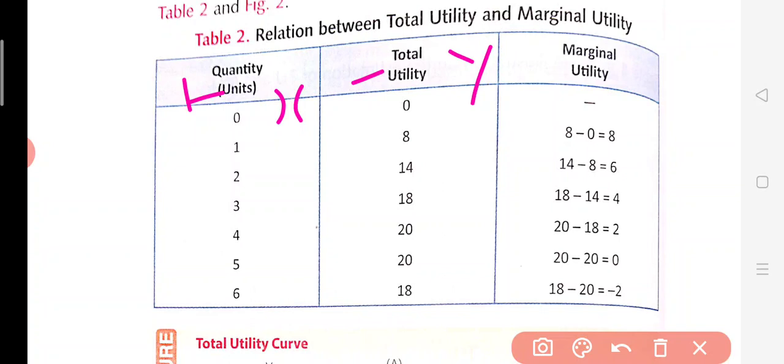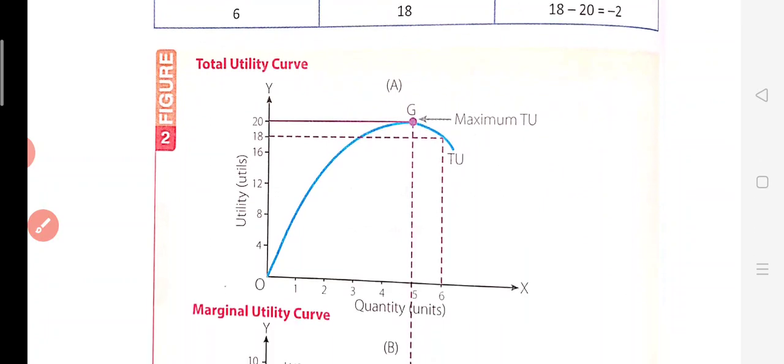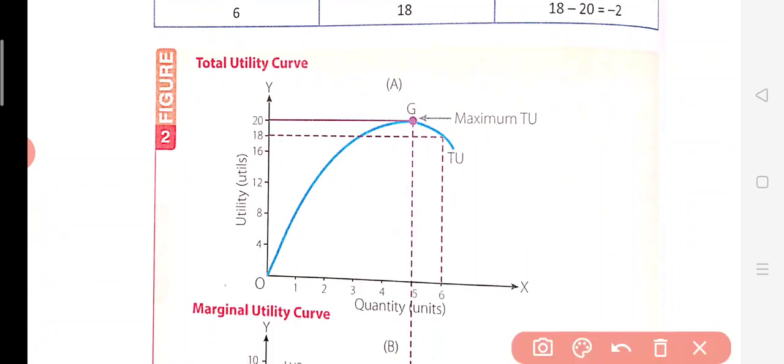So according to it, what should be the scale? Here the difference is of 2, or you can take differences of 4. Here in this diagram the difference taken is 4: from 0 to 4, then 8, 12, 16, 20, like that.